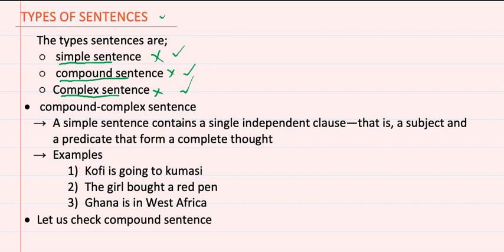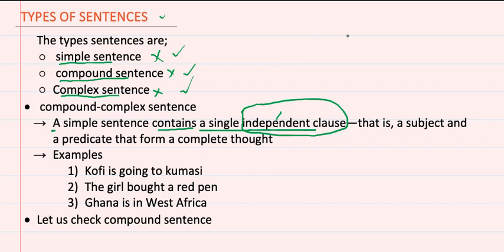We are starting with a simple sentence. So a simple sentence contains a single independent clause. So what then is the independent clause? When you say independent clause, that is a subject and a predicate that form a complete thought. So the clause is part of a sentence.